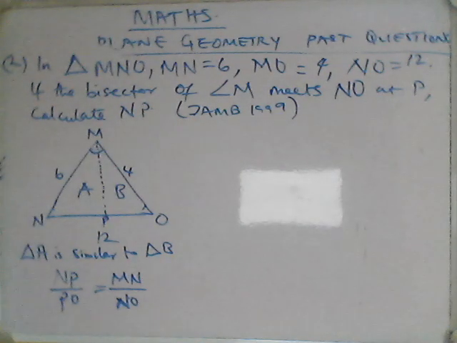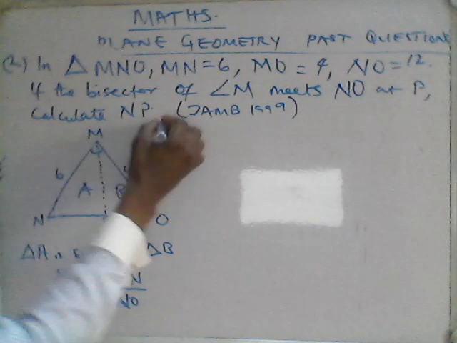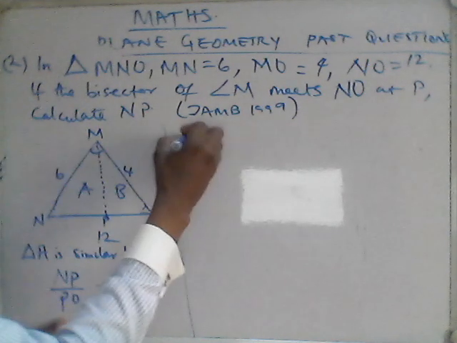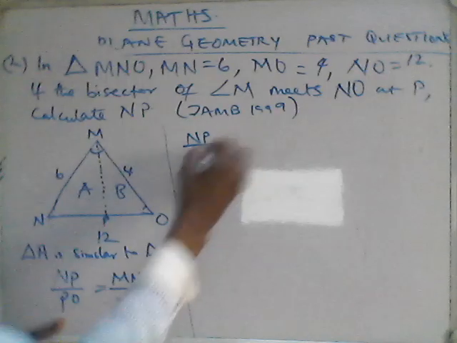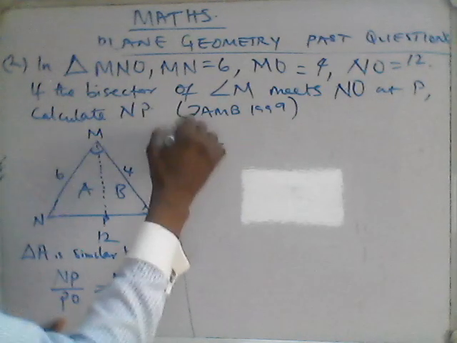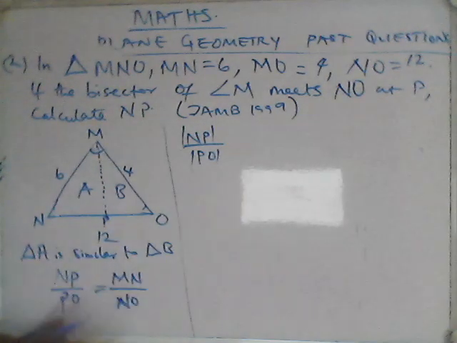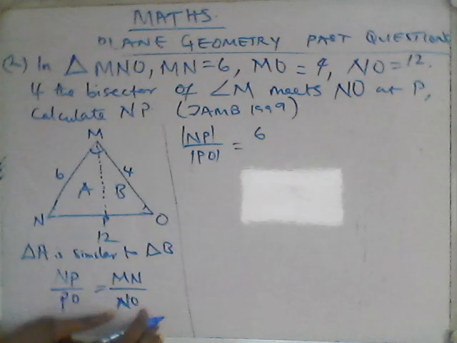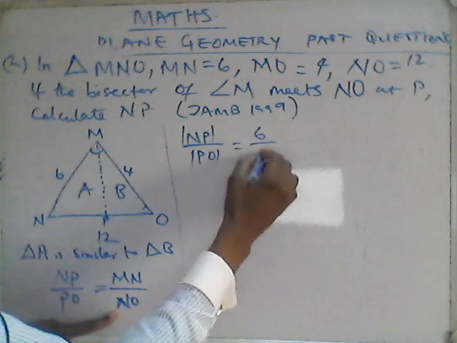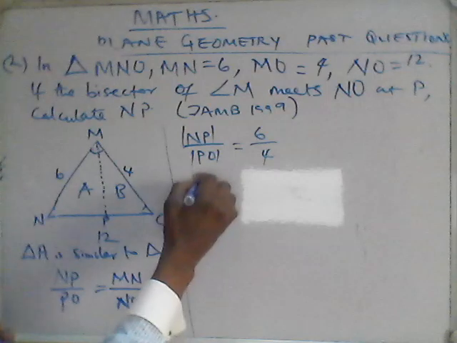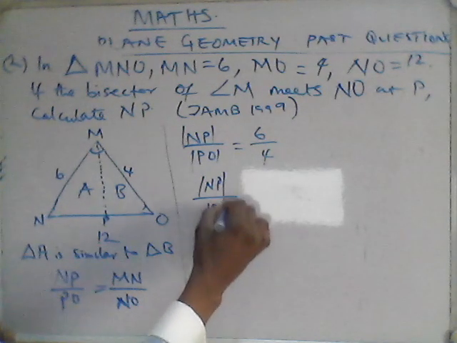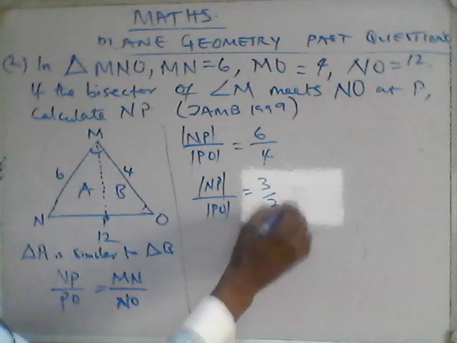That's what I've done here. So NP over PO is equal to, now line MN is given as 6, and line MO is given as 4. I can reduce that: line NP over line PO is equal to 3 over 2.